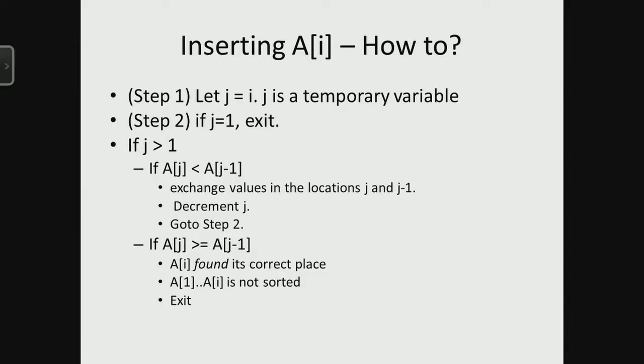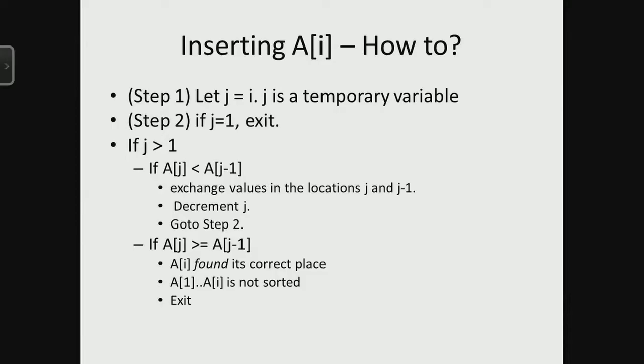In other words, the elements in the array locations j and j minus 1 are compared, and if a of j is smaller than a of j minus 1, then an exchange is effected between the elements in the locations j and j minus 1. And now j is decremented by 1, and then we repeat this procedure all over again.